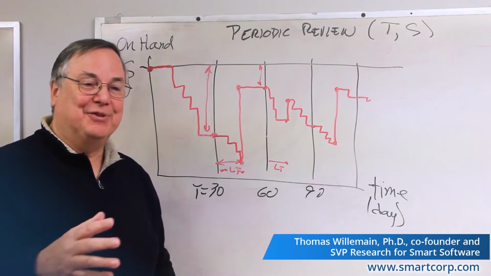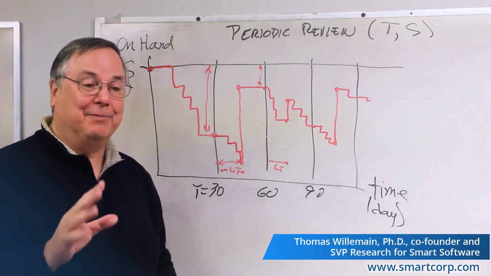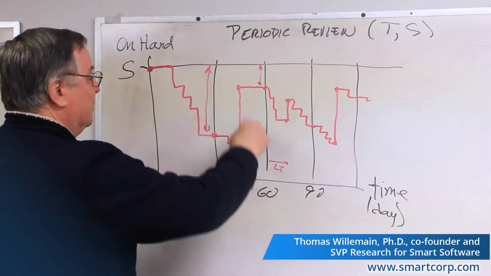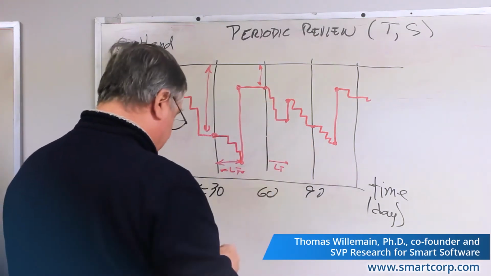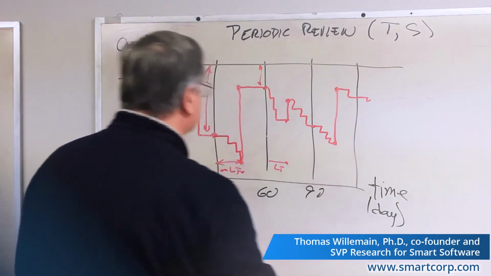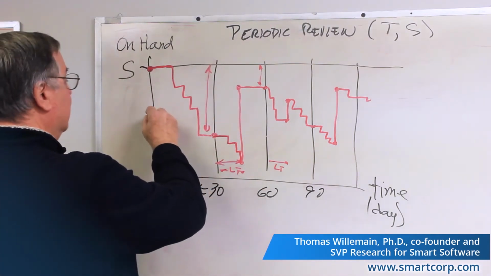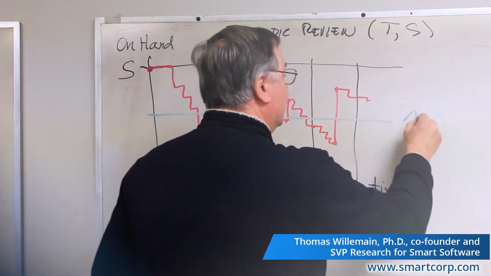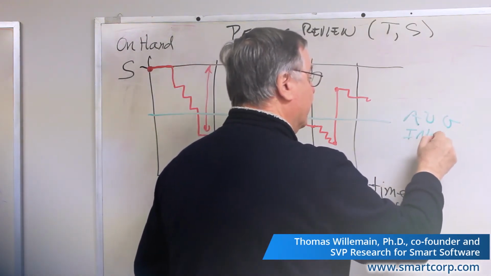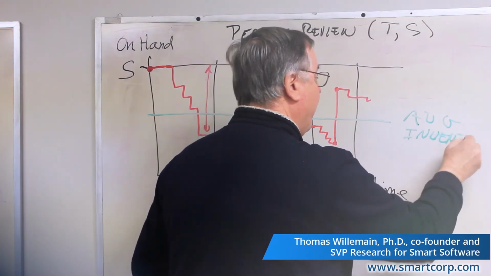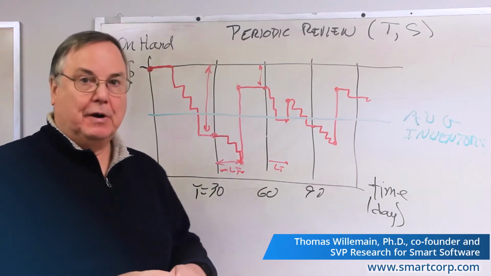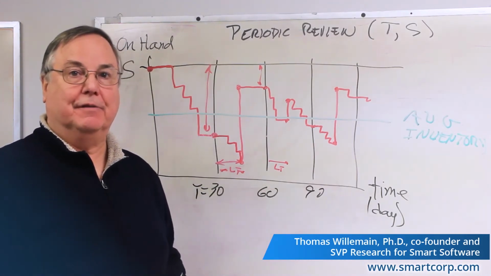And so if you look at this red curve, and it's fluctuating over time, there's an average level. We'll draw that in green, and maybe we say this is the average inventory. So that can be used to figure out the cost of your investment in inventory.